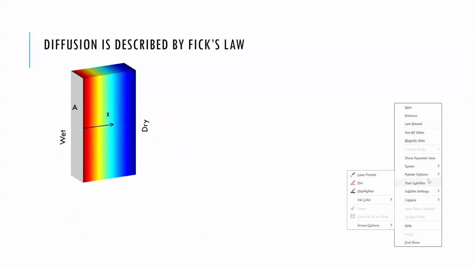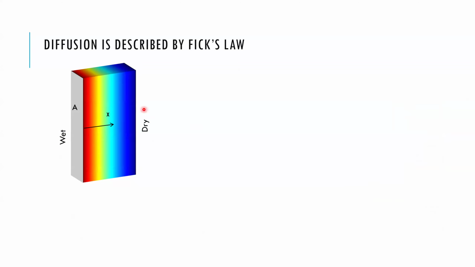So let's take the situation of a solid. Let's take a towel, or wood, let's say, or anything that is more wet on one side and dry on the other side.